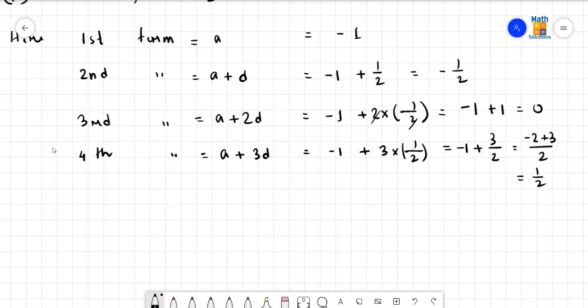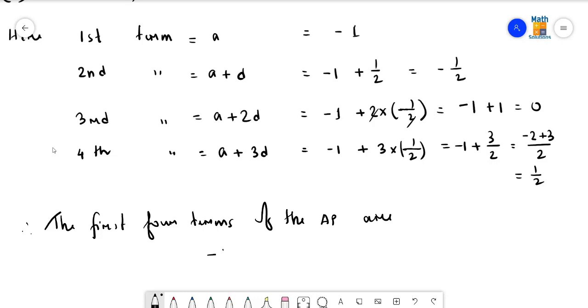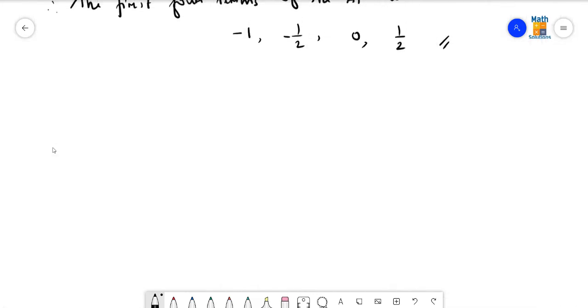So the first 4 terms of the AP are minus 1, then minus half, then 0, and then half. So this is the answer.